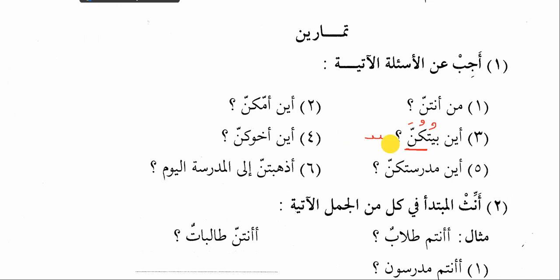Baytuna with noon al-fa'il for our house. Baytuna قريب, anything you can say. قريب من المدرسة, من المستشفى, من مكتبة means the library, anything. So the starting of your answer will be بيتنا with noon, our house.